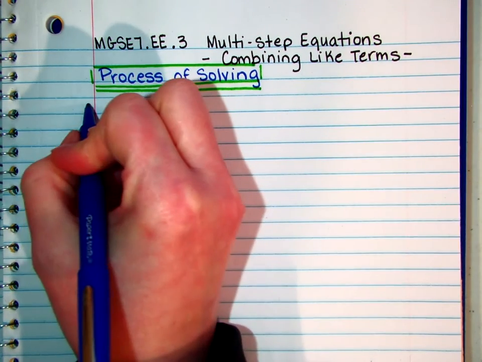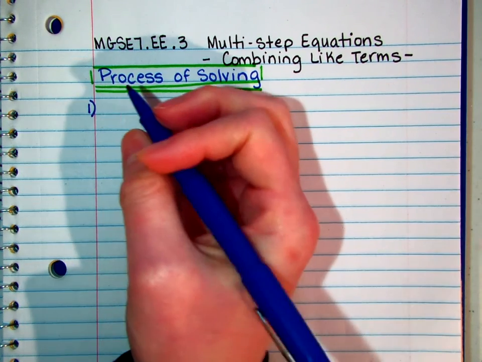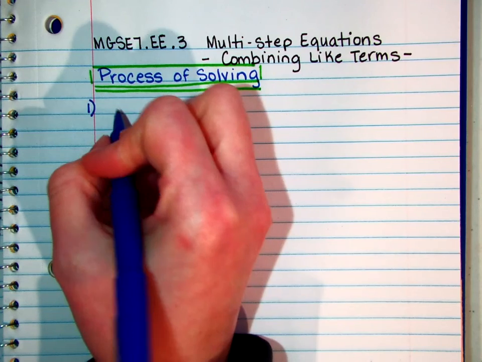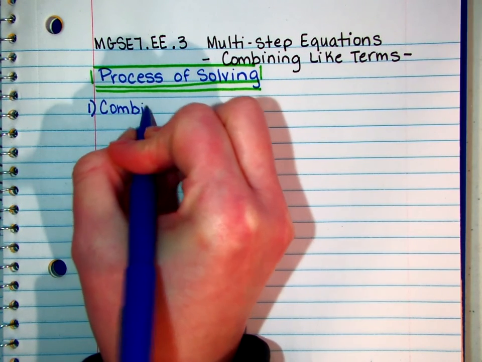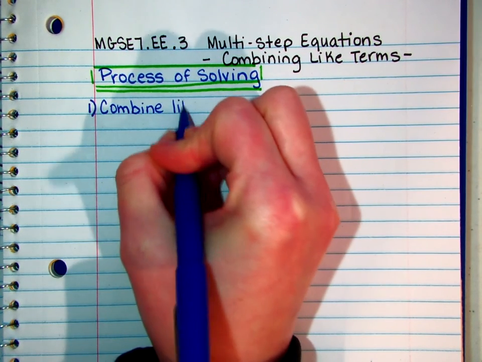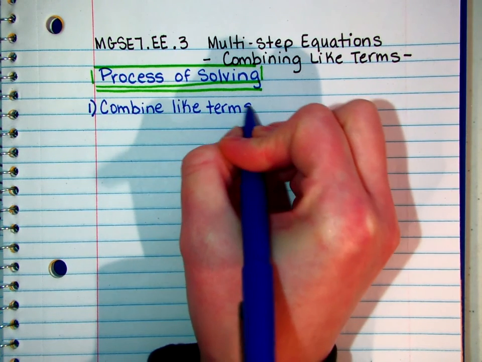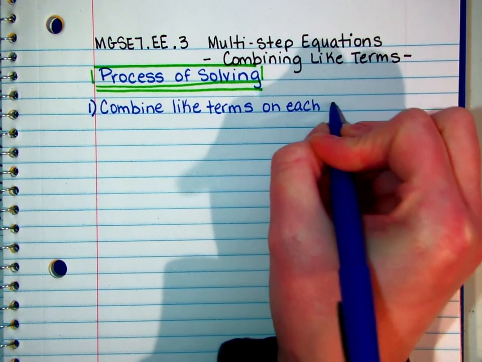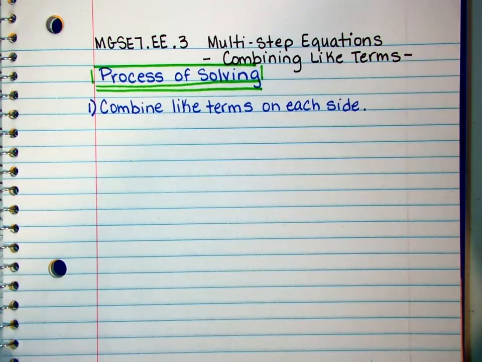So when working these problems, the very first thing we're going to do is combine like terms on each side of the equation. So we're going to have some terms that we'll have to combine. And I'll be referring to these directions or these steps each time we work through some problems.